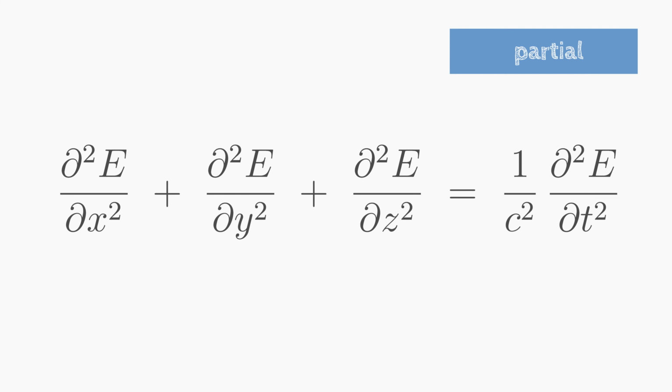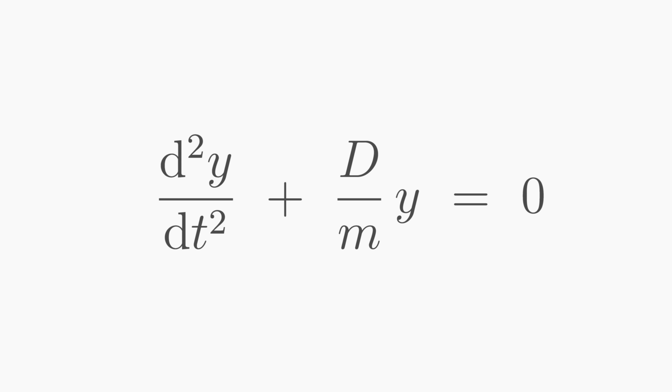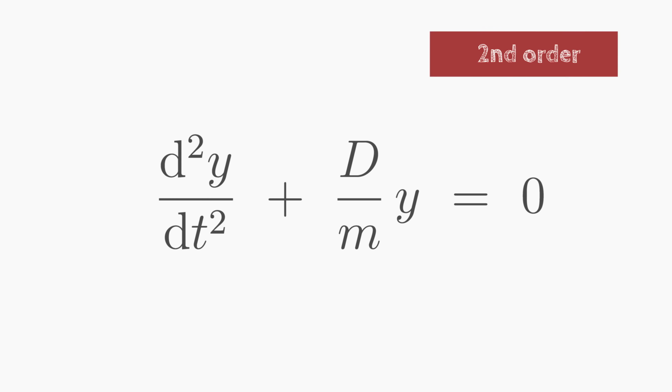Partial means that the searched function E depends on at least two variables, and derivatives with respect to these variables occur in the equation. In this case, E depends on four variables, t, x, y, and z, and in the differential equation also derivatives with respect to t, x, y, z appear. Furthermore, our equation for the oscillating mass is a differential equation of second order.